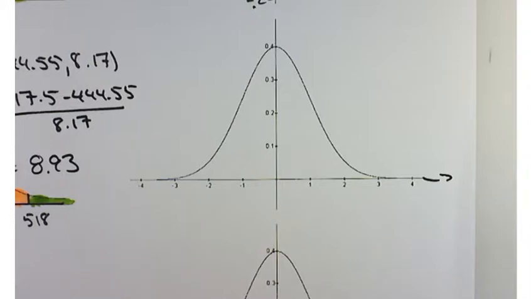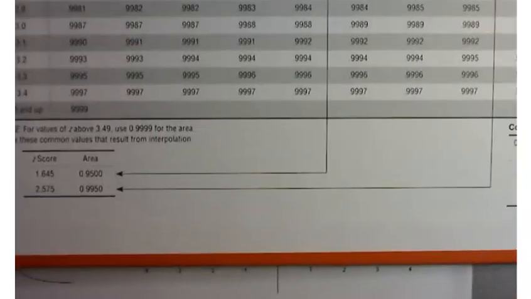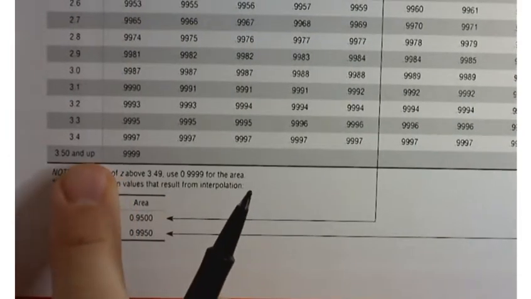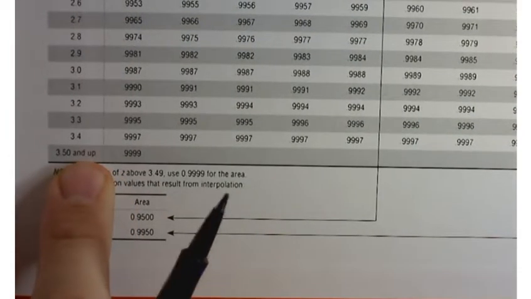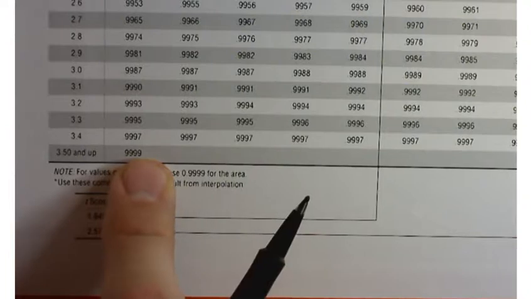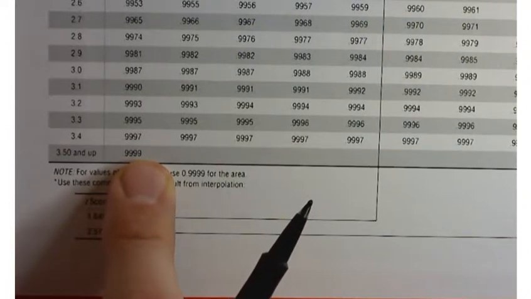Now, when you do look it up, you kind of get this catch-all that the area to the left of anything bigger than 3.55, they're going to call it 0.9999. But do we want the area to the left of something? We want the area to the right.